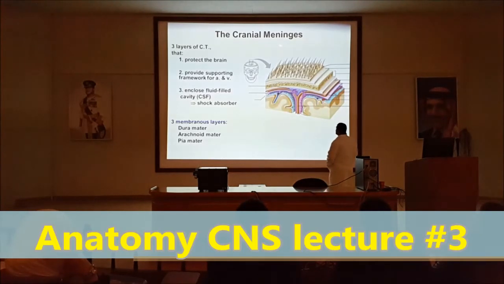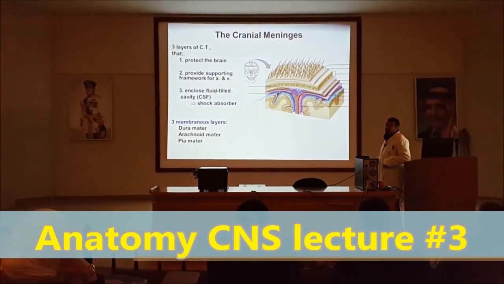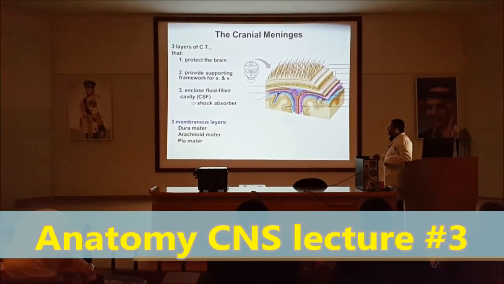What are the meninges? Those are three layers of membranes, three membranous layers, completely covering the central nervous system, brain and spinal cord. We call them from outside to inside the dura mater, which means the faraway mother, mater from maternal.